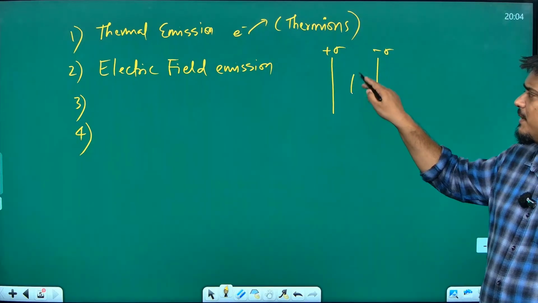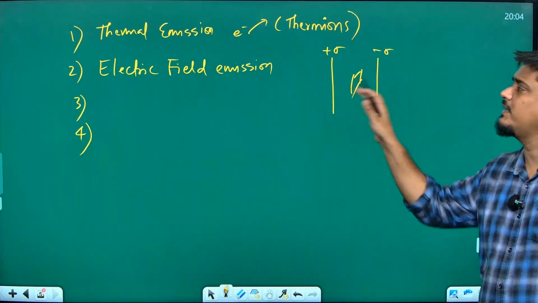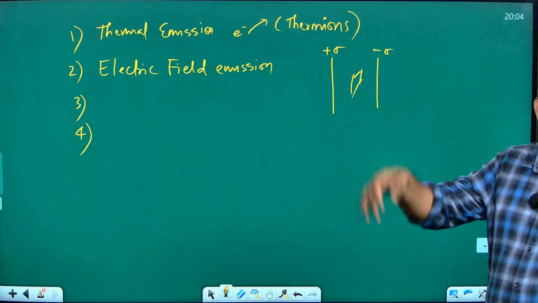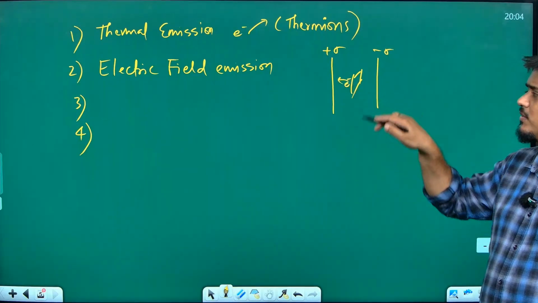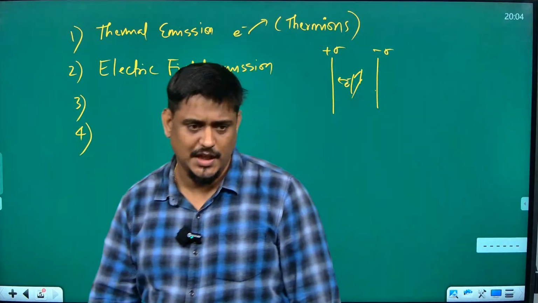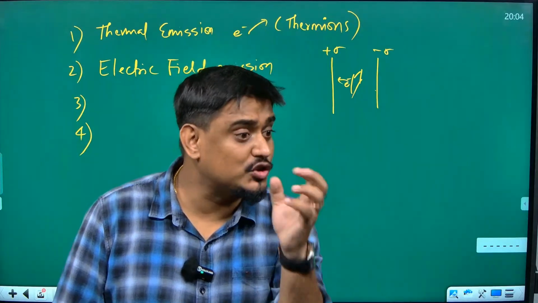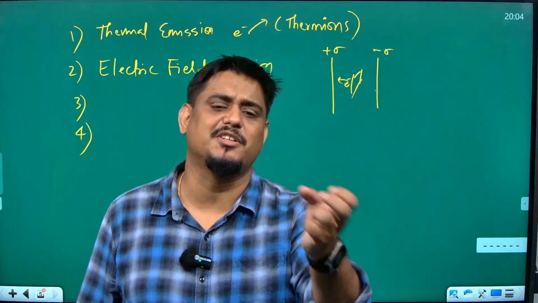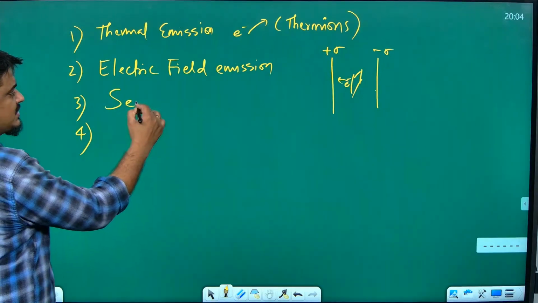If I keep a metal plate in between, plus sigma will attract the electron towards itself and minus sigma will repel the electron on the metal surface. When the electron comes out by a strong electric field, it is called electric field emission. Basically, keep a metal in an electric field, and if the field is strong enough to make the electron come out of the metallic surface, that is electric field emission.